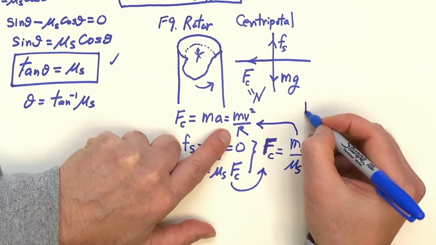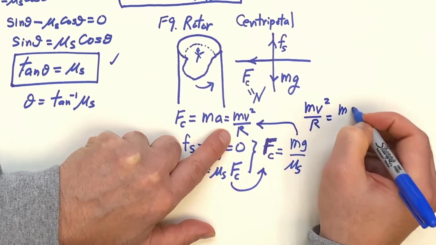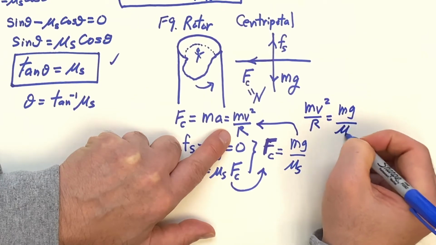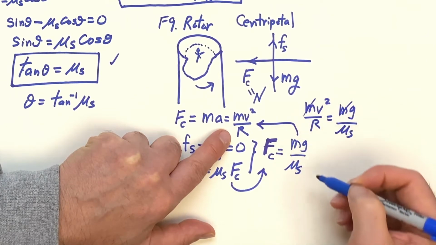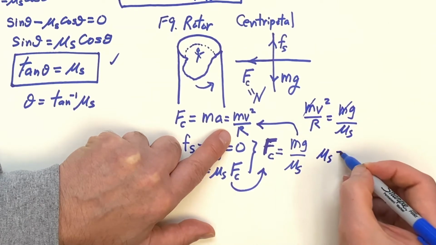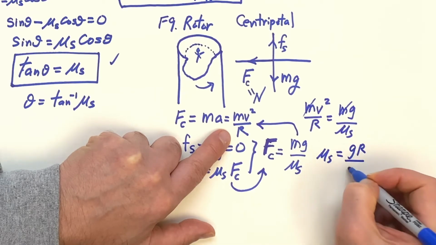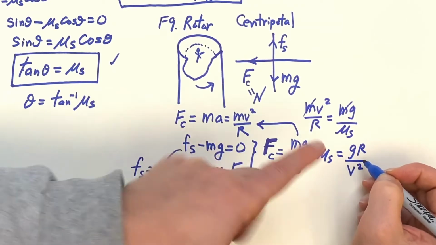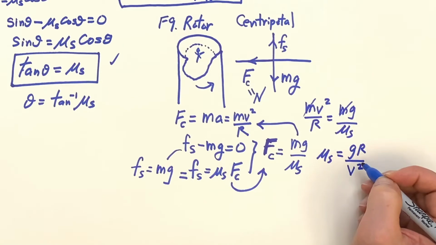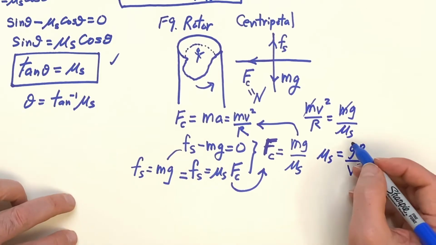So therefore, mv squared over r is mg over mu s. The m's cancel. The mu s comes to the left, and then here I get gr over v squared. Isn't that cool? We got v squared over gr before, and now we're getting gr over v squared, and that's dimensionless, see, because the coefficient of friction is dimensionless.